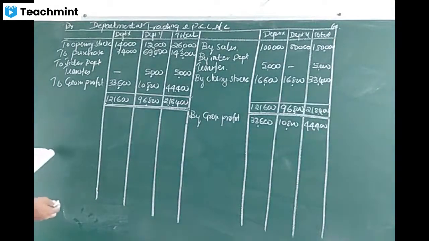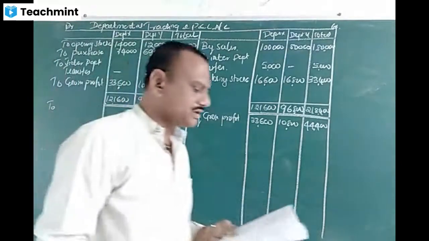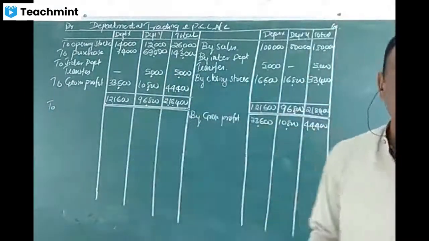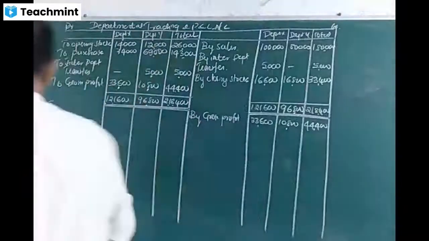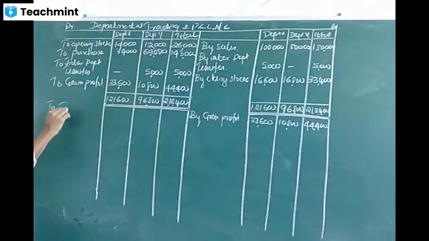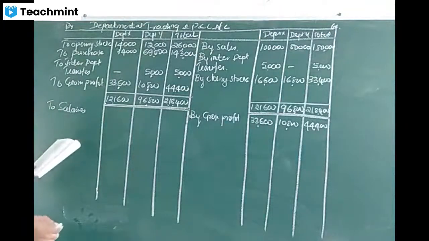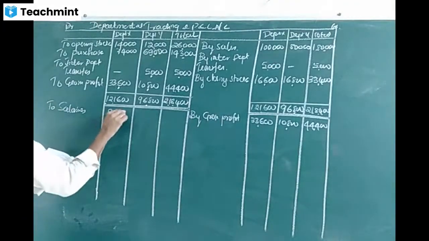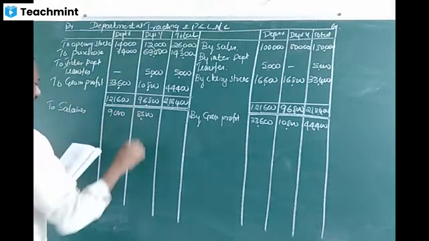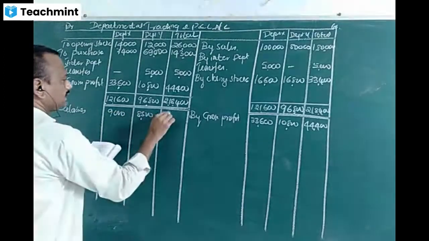Okay, we start with the profit and loss account adjustments. We have completed opening stock entry, purchase, sales, purchase return. Next, salaries. Salaries they have allocated 9,000 and 8,500.